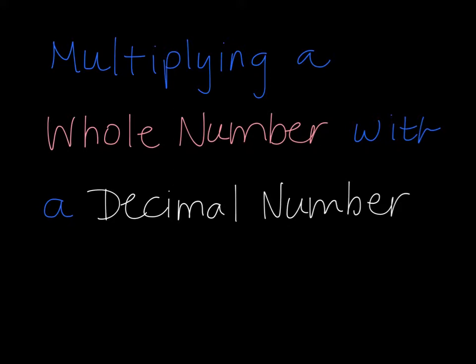And so you will have to know how many decimal places you have in your factors that you're multiplying to figure out how many decimal places your product or your answer is going to have. And this lesson today is going to walk you through that process.